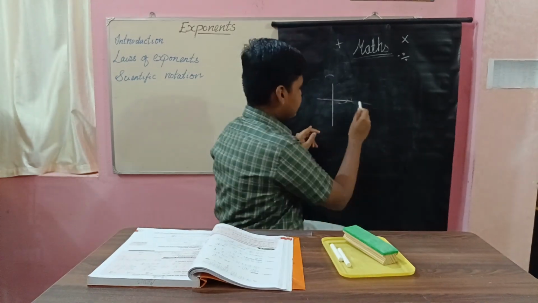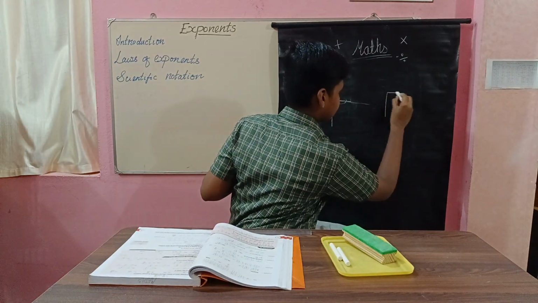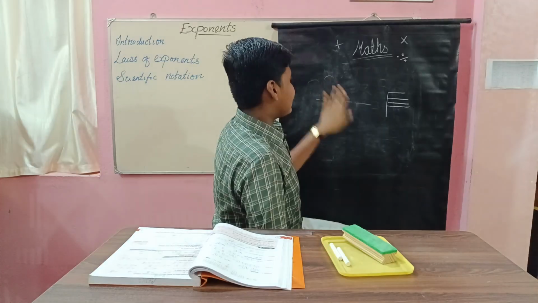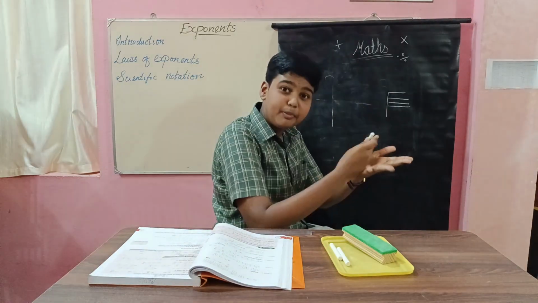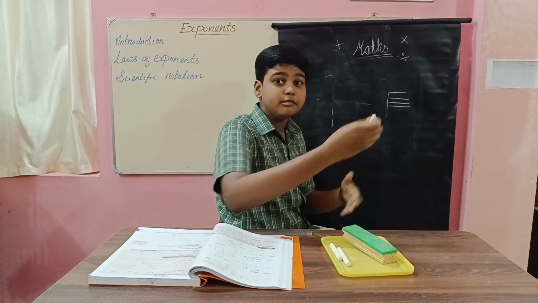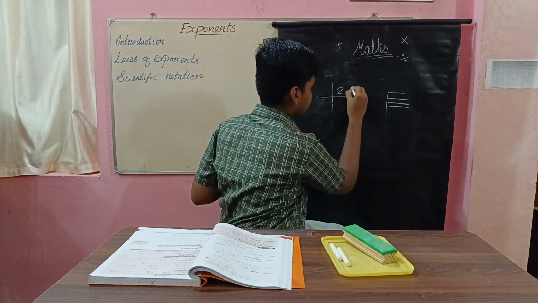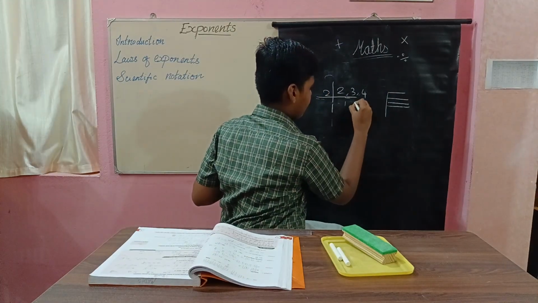LCM is like this, but this is similar. It's nothing other than finding the product, that is, splitting that number into several terms using the same number. For LCM, if I have the LCM of 2, 3, 4, I will write like this.